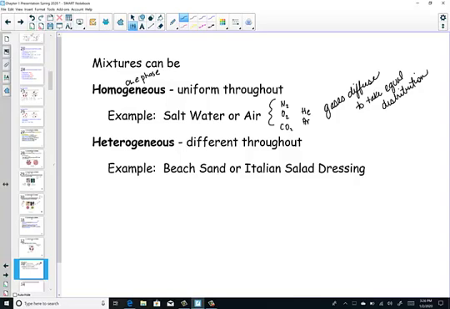If it's pure water or salt water, I can't tell that it's there, because it has one phase. Whereas heterogeneous has two or more phases, things that I see throughout that mixture. So each retains its own identity. I can clearly see different colored speckles of sand. Perhaps if it's beach sand, it might even have crushed shell, pieces of twigs, seaweed, and so forth. So lots of different things there.